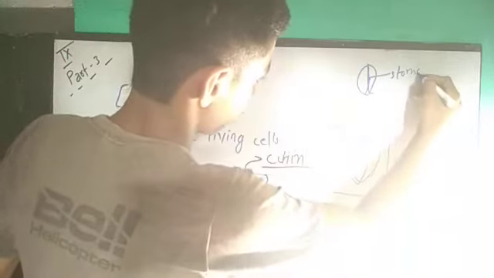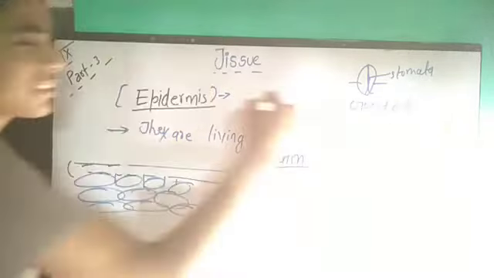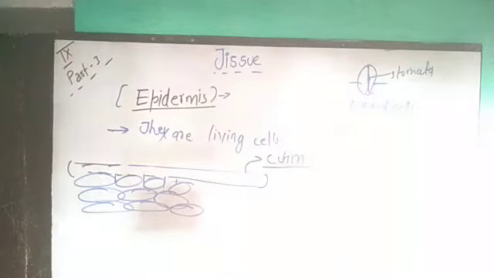This area is known as the stomata, and these two parts are known as guard cells. By its name we can judge that they perform the function of a guard. So the functions performed by the epidermis are as follows.